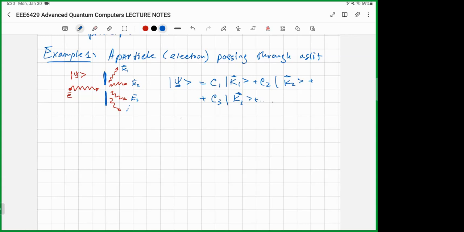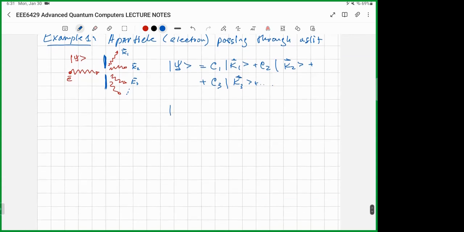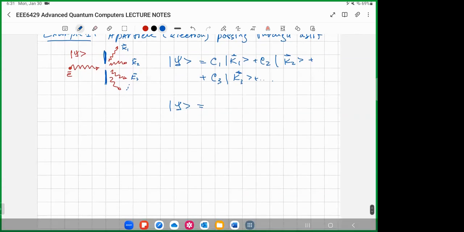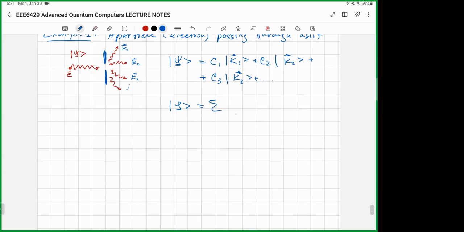So we can rewrite the same in the form that we already used when we discussed linear algebra, right? So this is a sum of some coefficients Cn and these vectors Kn vector, like this. So this is the superposition principle, right?